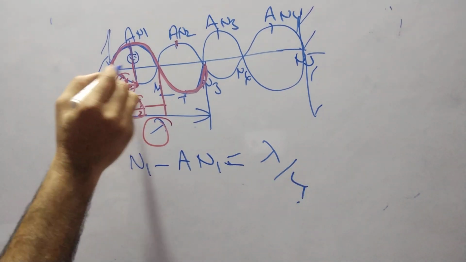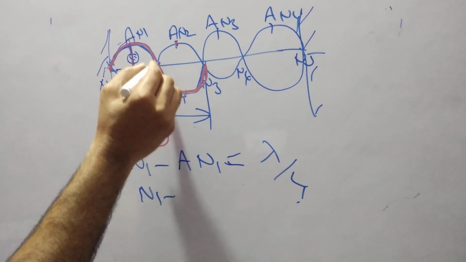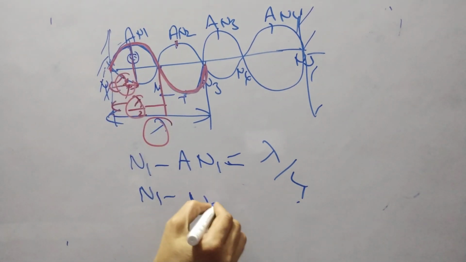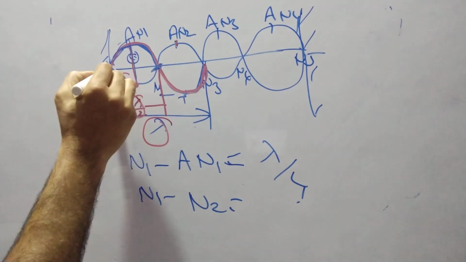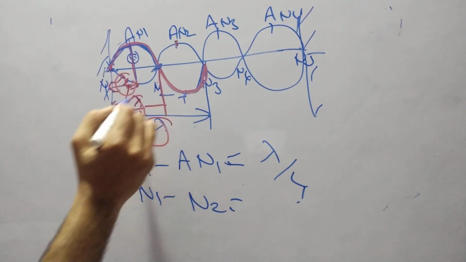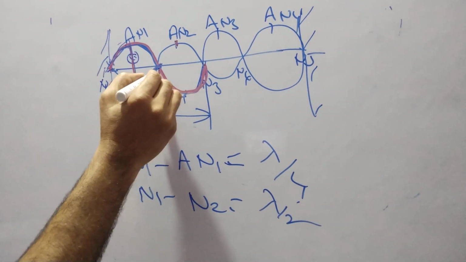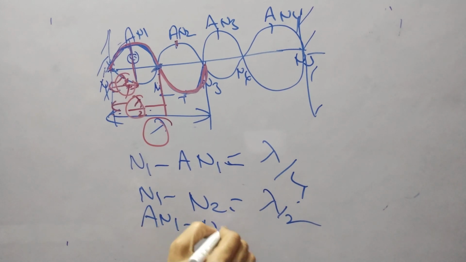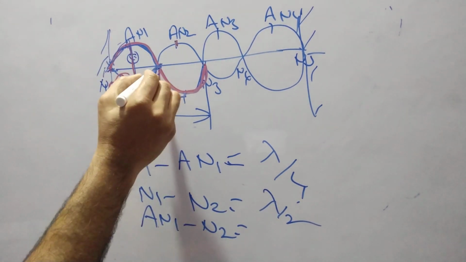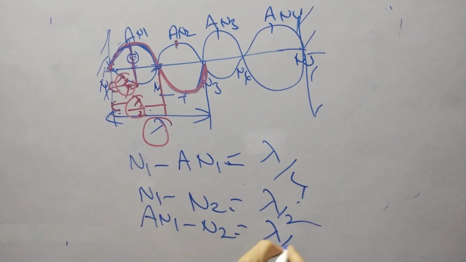Next, node 1 to node 2. What is the lambda value? This is lambda by 2. Antinode 1 to node 2: antinode 1 is this one, node 2, this is half of that, lambda by 4.